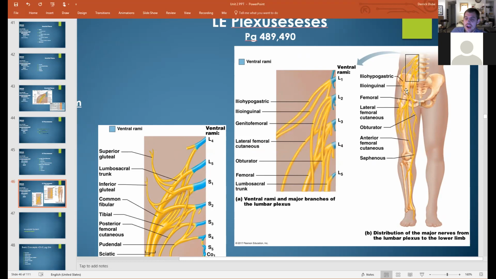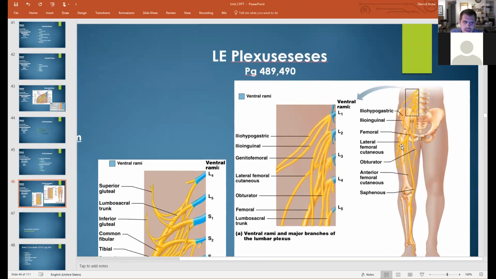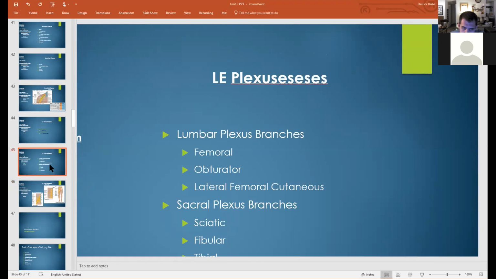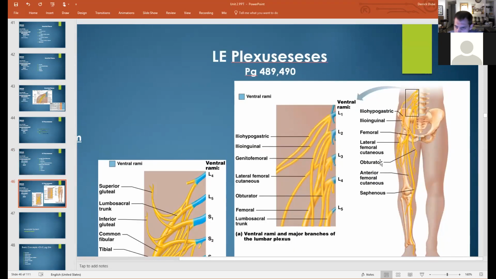And okay, then you've got in front the femoral nerve, a big, fat one that comes on down. What else did I want you to know? Femoral, obturator, lateral femoral cutaneous. So you're going to have this nerve that comes off to the side here, and you can see it supplying nerves to the lateral part of the leg, and it's more in front.